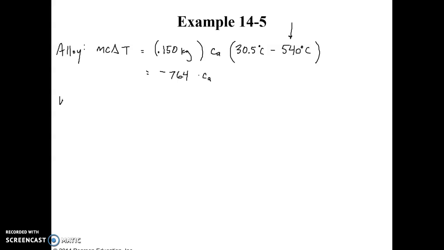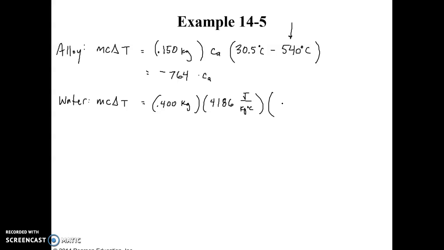Now let's look at the water. If we look at its heat, mc delta T, its mass was 0.400 kilograms. That's the mass of the water. Its specific heat we do know. We can look that up in a chart. The specific heat of water is 4,186 joules per kilogram degree Celsius.